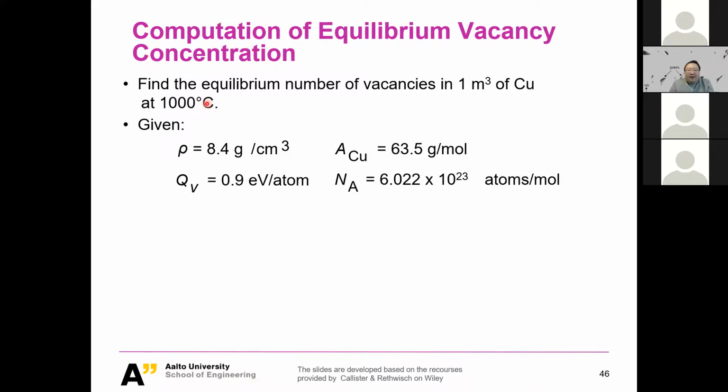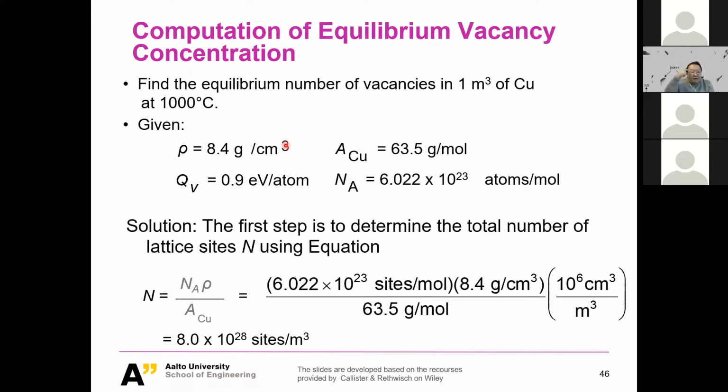And here I'm showing you how to do this calculation. It's just using the equation I told you before. First we need to know the number of lattice sites in 1 cubic meter of copper. To calculate that, we need to use the Avogadro number again.